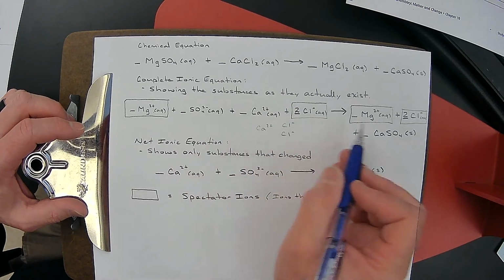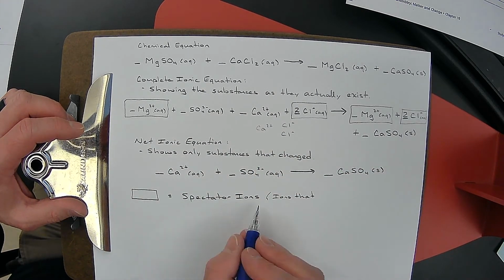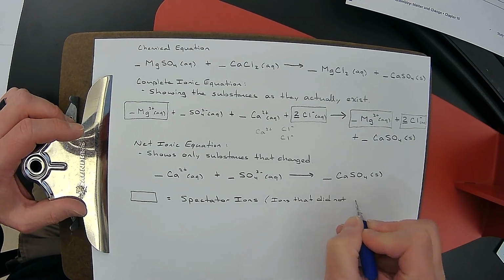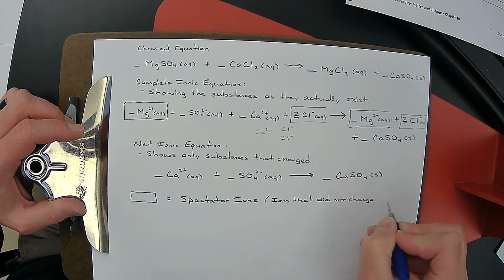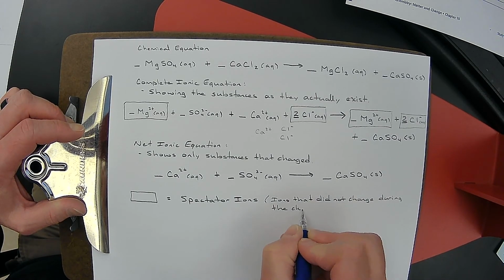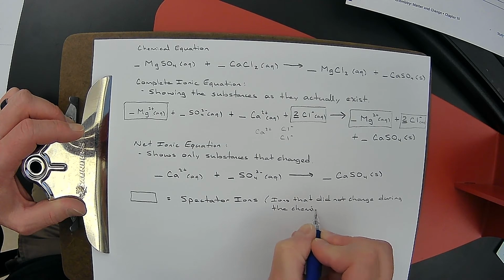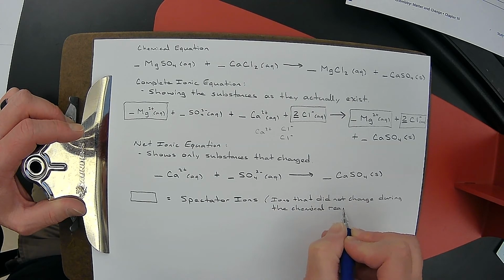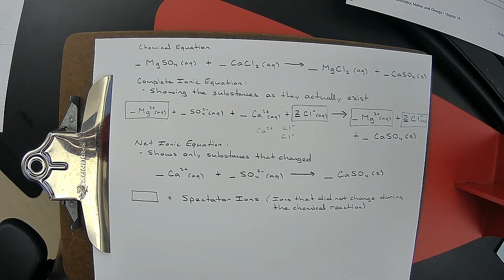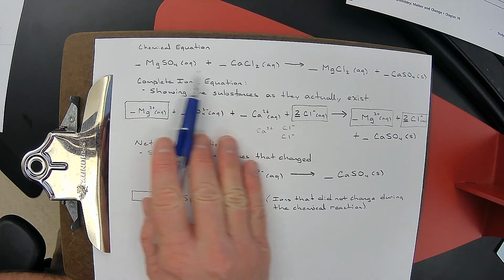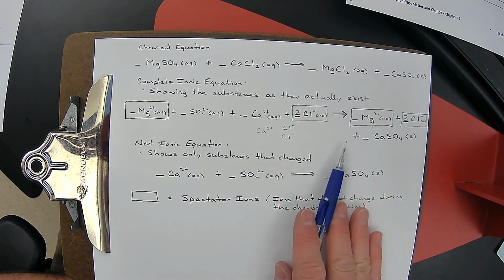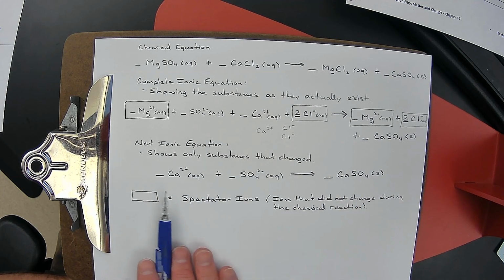They started as ions, and they ended as ions. Spectator ions, ions that did not change during the chemical reaction. And those are called spectator ions. So this is a summary of the overall chemical equation, the complete ionic equation, and the net ionic equation.